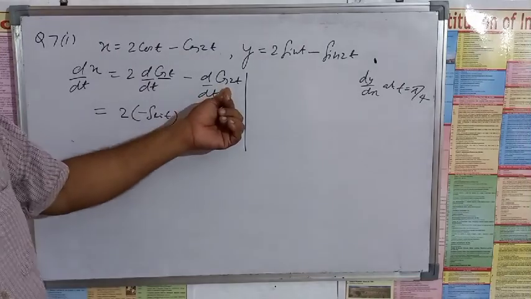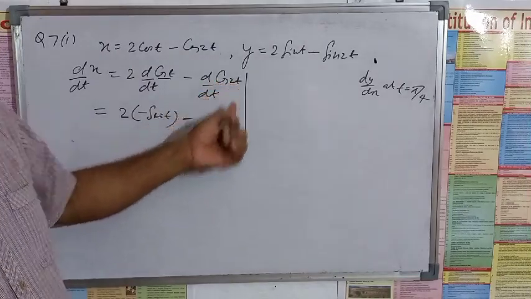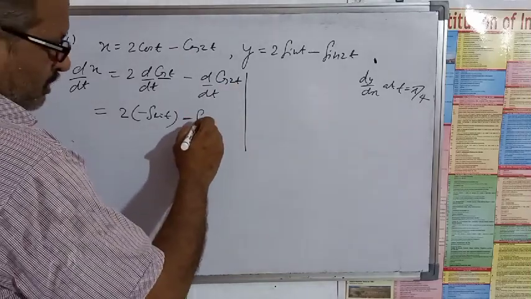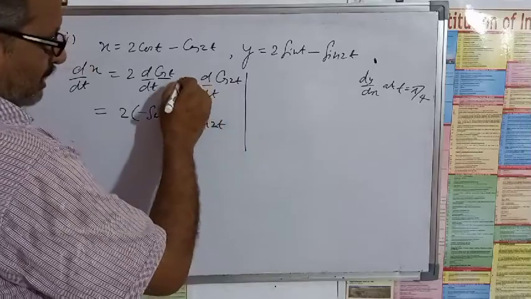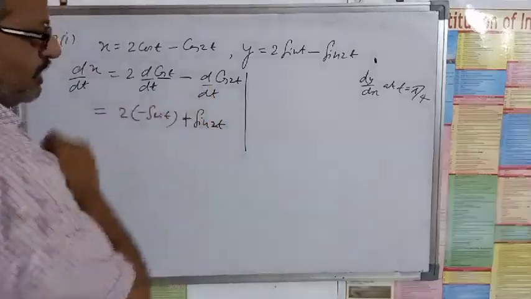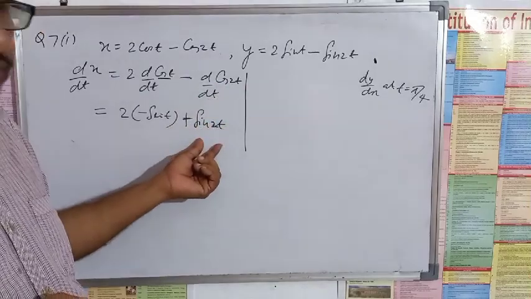Now differentiate cos 2t: its derivative is minus sin 2t, and the already present minus sign makes it plus.